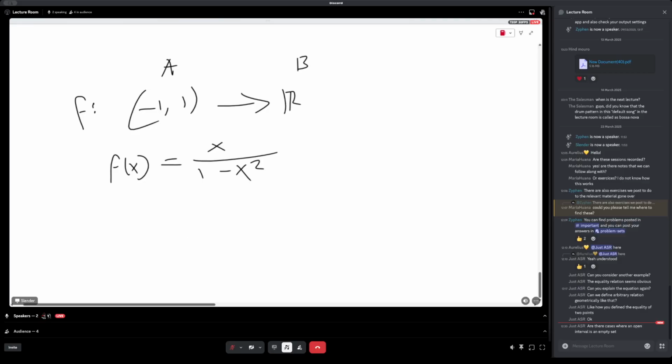I won't go over why it's bijective. You can check that for yourself. It will be a good exercise. So this function is bijective.